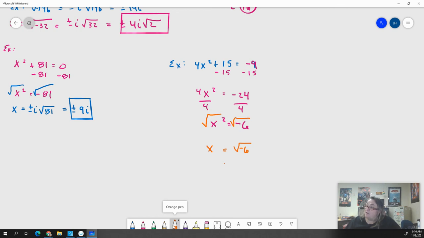So we could start by saying plus or minus i times the square root of 6. Does the square root of 6 break down? No. So this is our solution right here, right? We can't break down 6. Nothing's going to come out of that 6. It's 2 times 3. There's no pairs in there that we can pull out.